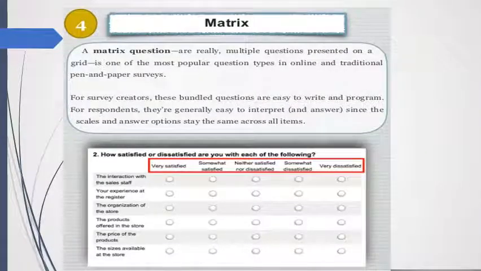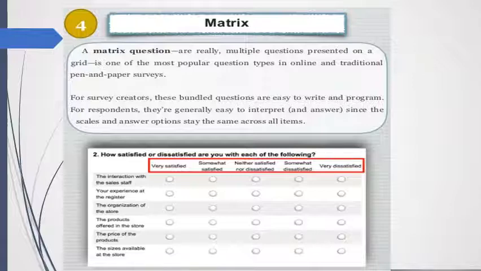Another type of close-ended questionnaire is matrix. Matrix basically includes different options where you are supposed to grade them. There seem to be multiple questions presented on a grid. It is one of the most popular question types in online and especially traditional pencil and paper surveys.